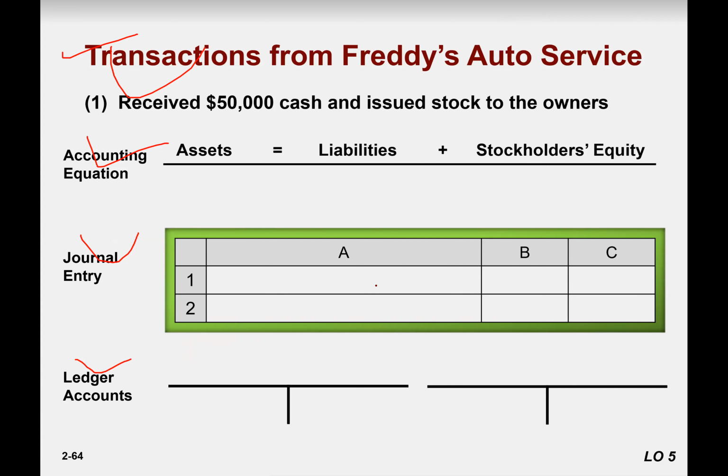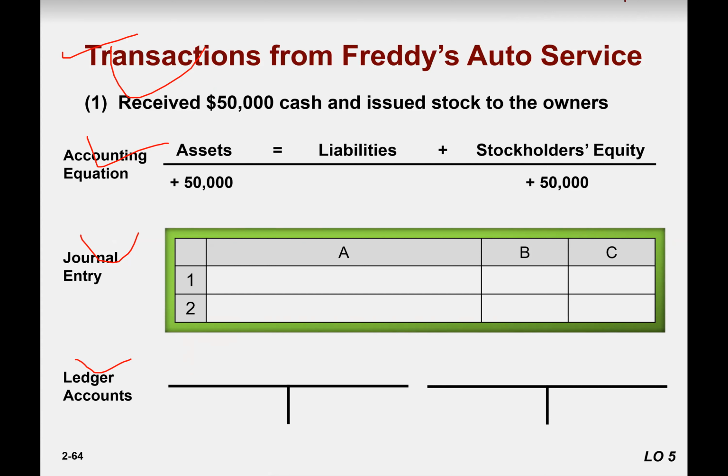Received cash 50,000, issued common stock. We already did that. So how are we going to write it down? Since cash is increased, you see here, the equation is balanced, right? And if we convert it into the double entry system, first we need to write the journal entry.